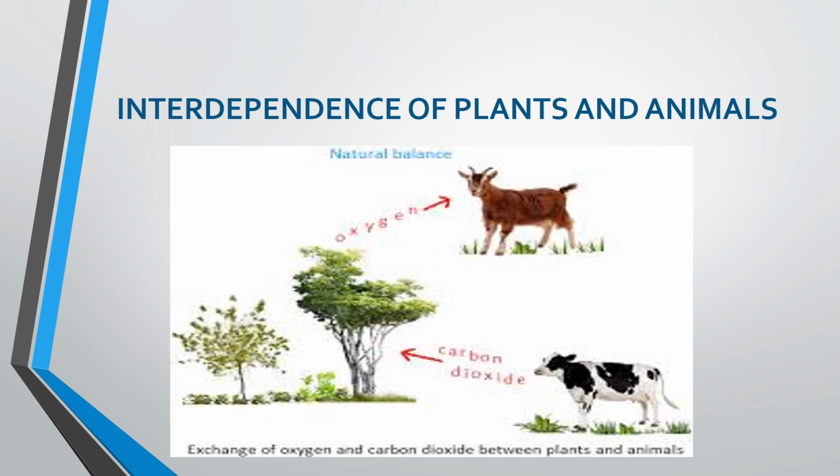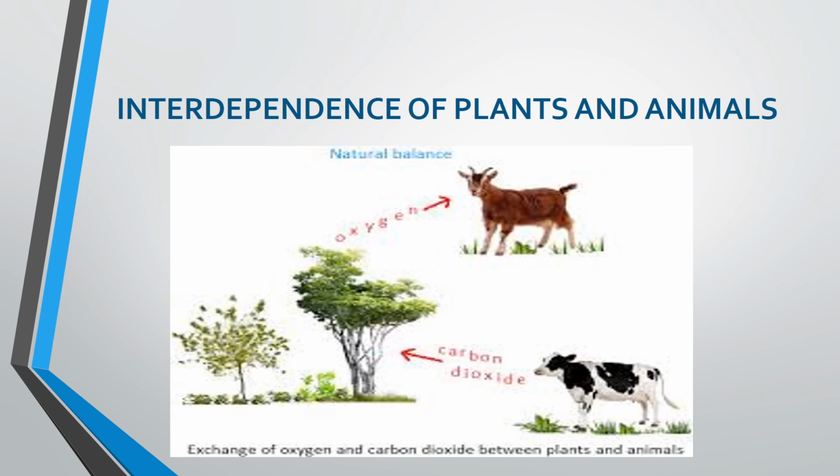Second thing, plants need carbon dioxide for the process of photosynthesis. Without carbon dioxide, they can't complete the photosynthesis and they can't make their food. So when we breathe out, we give the plant carbon dioxide to complete their photosynthesis process.